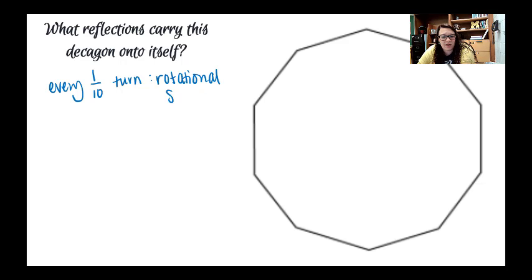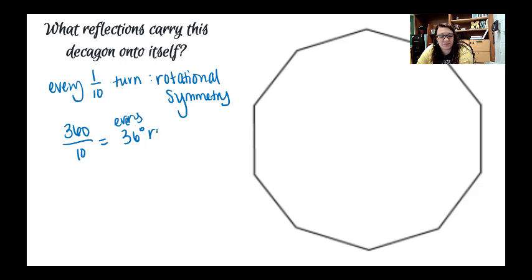But what is 1/10 of a turn? Let's think about it. A whole turn is 360, and dividing by 10 gives 36 degrees. So every 36 degrees, it's rotational symmetry. So there's one. And then we also know we have all of those reflectional symmetries.